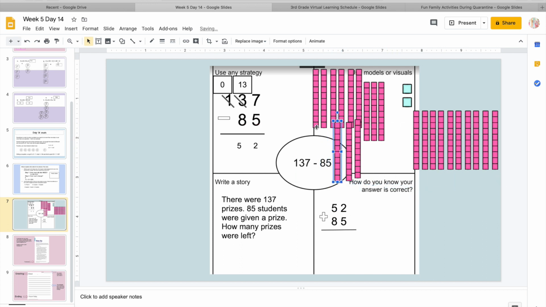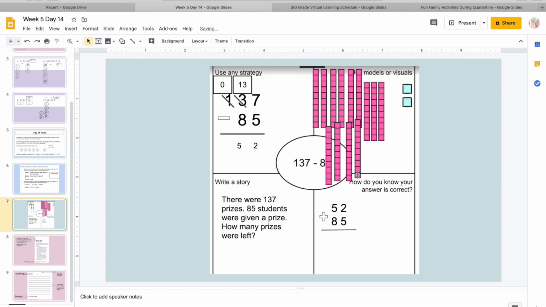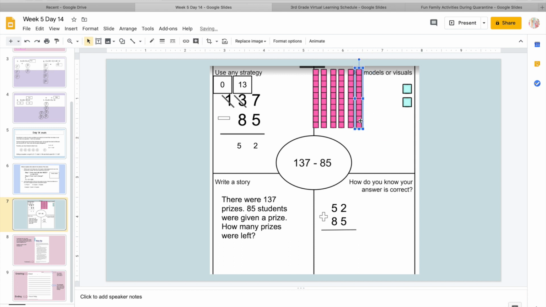So let's see if that's 10. 1, 2, 3, 4, 5, 6, 7, 8, 9, 10. So now that I have this, what I'm going to do is I am going to subtract. I'm going to get rid of 8 of them. So 1, 2, 3, 4, 5, 6, 7, 8. And I am left with 1, 2, 3, 4, 5, 1, 2. So I'm left with 52.